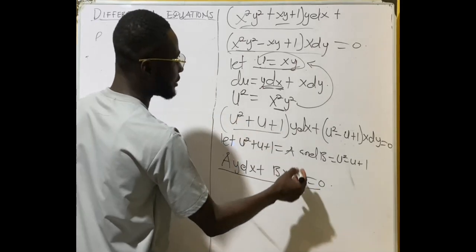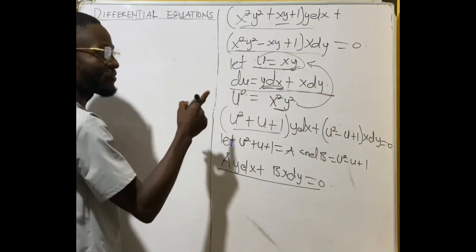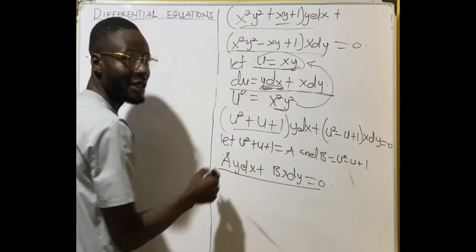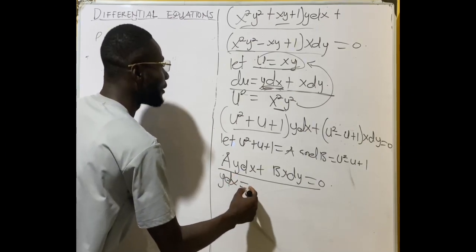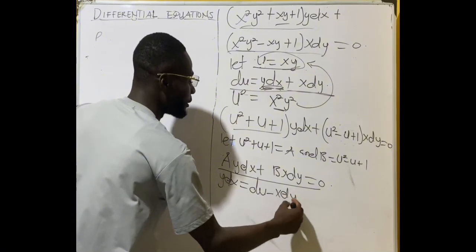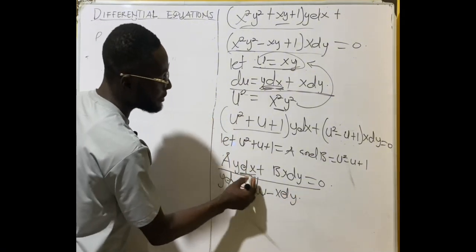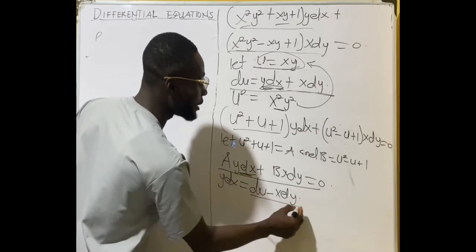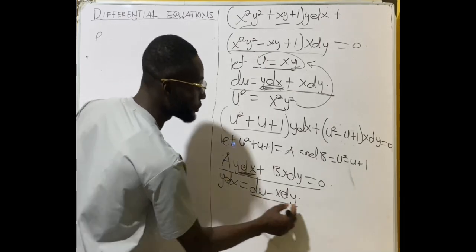From our previous discussion, we said that u should be equal to this, right? So if that is true, then we can make y dx the subject. So making y dx the subject, we're going to have du minus x dy, right? Wherever we see y dx, we're going to substitute this expression.